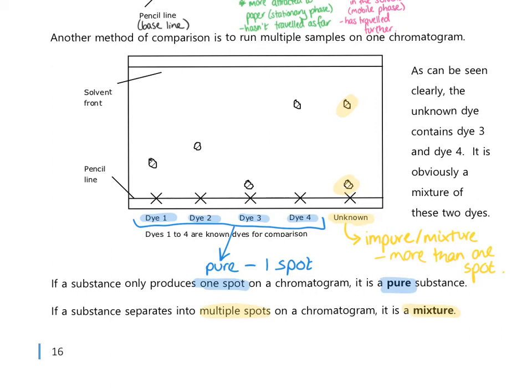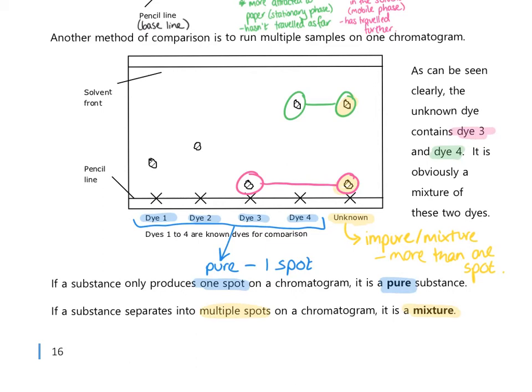So if it's in line with one of the other spots, then that shows it contains that particular component. So you can tell that it contains dye 4. And if we look at the other spot down at the bottom and try and match that up, we can see that it also contains dye 3.